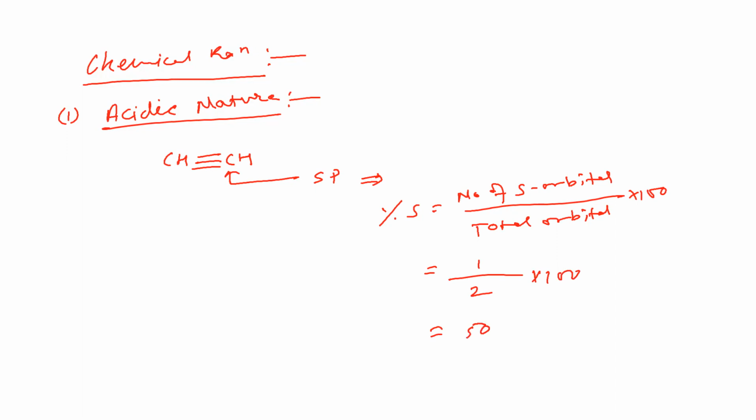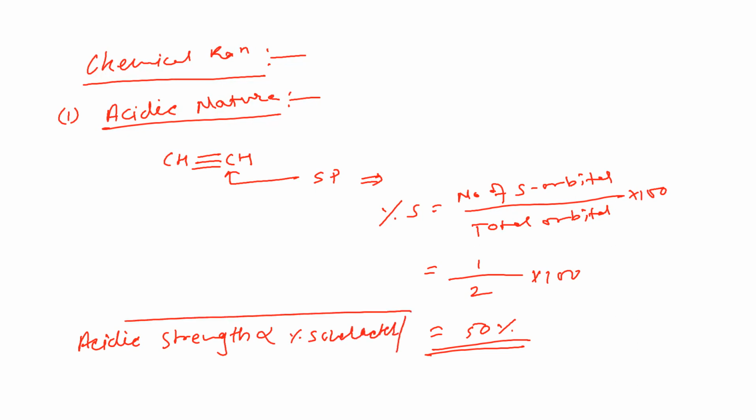This is going to increase the acidic strength. If you see, acidic strength is proportional to percentage s character, right? So here you see, if I take CH3-CH3, then we can go to CH2 double bond CH2, and then CH triple bond CH.